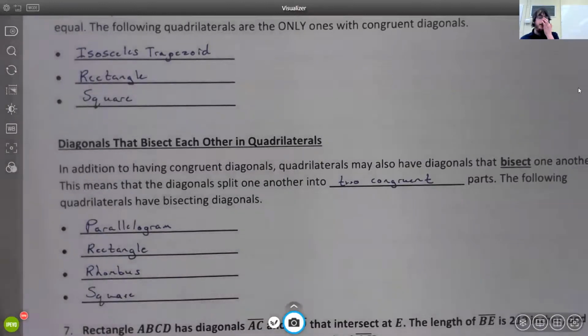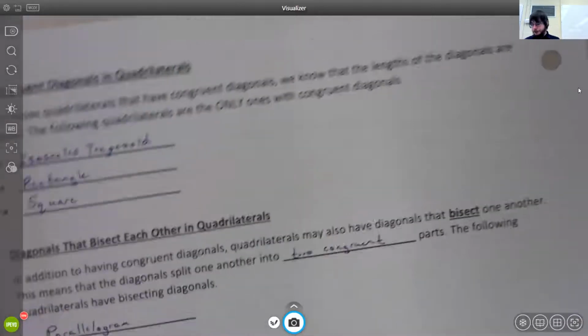Okay. And using these two properties, we can determine what our measures are from any given problem that gives us either part of a diagonal or the whole thing. So let's look at number 7.